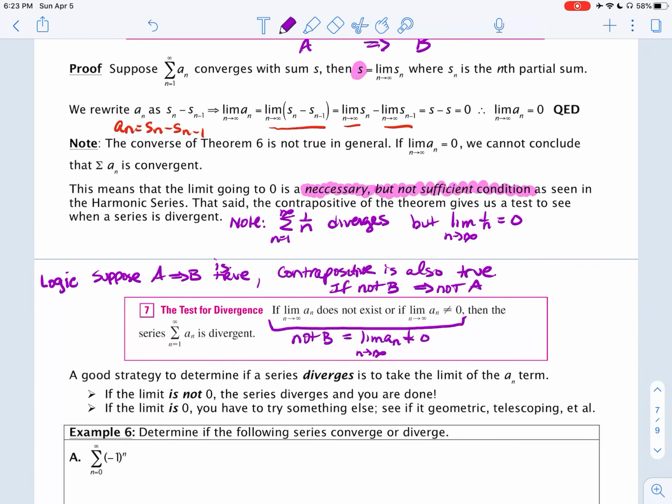Then this portion over here, the series is divergent, and this is not A from above. Good, so this is simply just the contrapositive of the proof that we just did above.